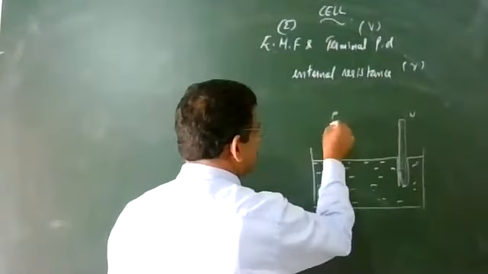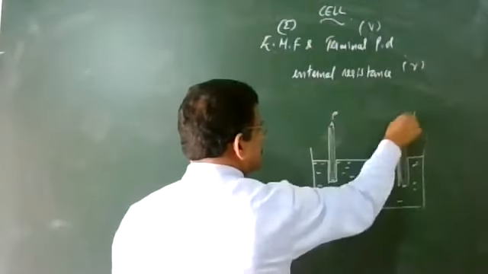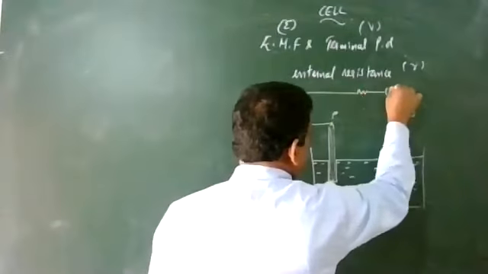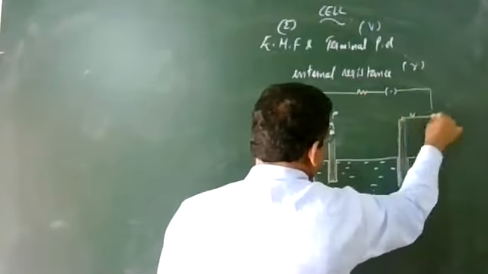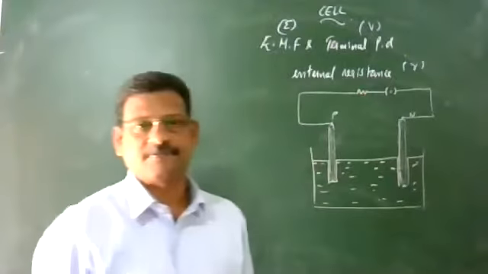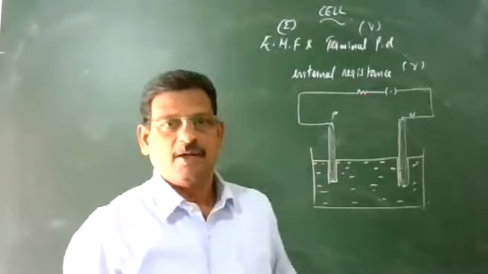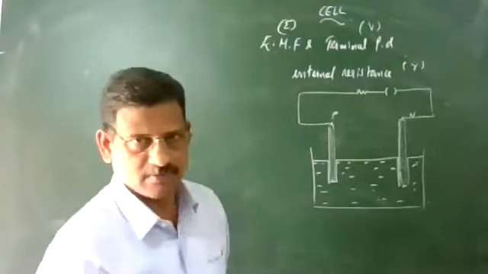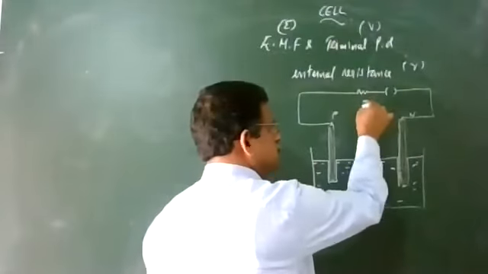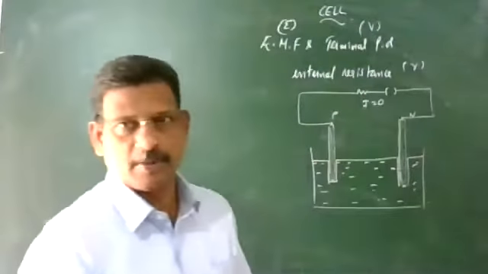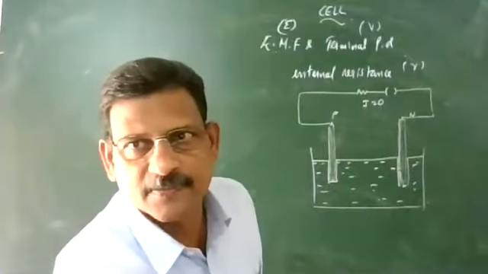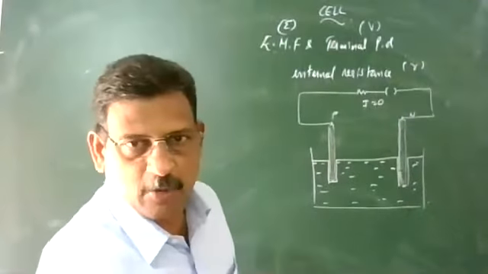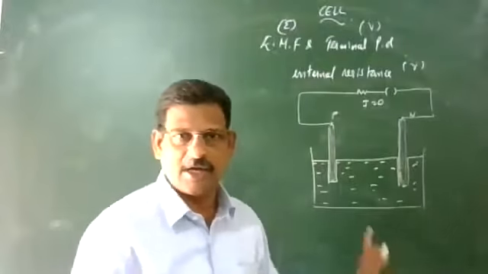And here the terminals are connected, and a resistance is connected to it. Suppose we are not closing the circuit, it is an open circuit. There is no current. So you have a cell prepared, with a positive electrode, a negative electrode and electrolyte.